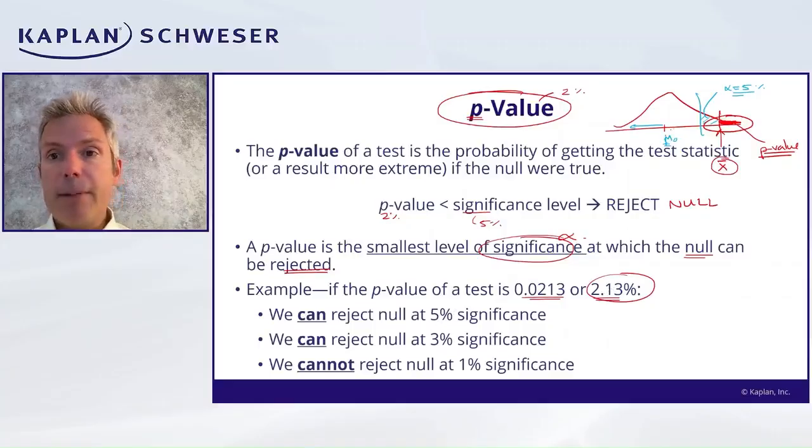If alpha was at 3%, we'd still reject. It's only when alpha falls to the p-value that we stop rejecting. We couldn't reject if we used a significance level of 1%, because our p-value would be too big. It wouldn't be lower than the significance level, which is our threshold where we decide we've seen something too unlikely for the null to be true.